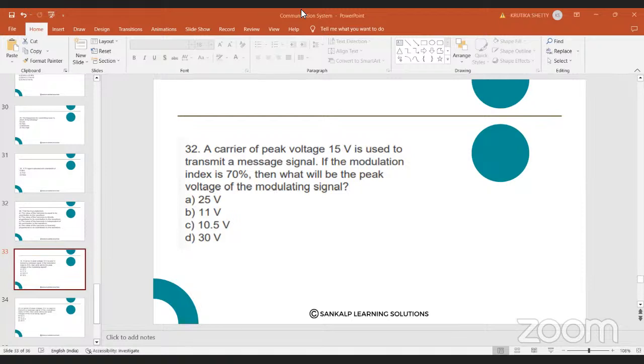What formula have you used here? We require the peak voltage of the modulating signal.